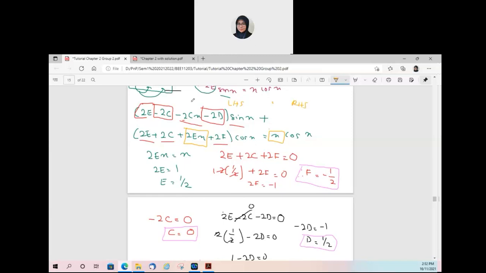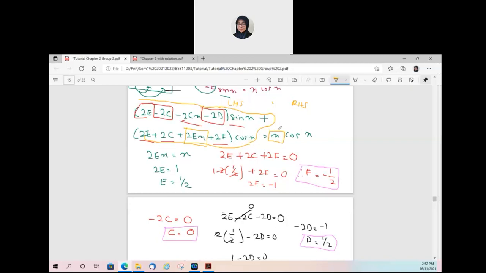Okay. So, yang ini sebelah kiri, yang ni sebelah kanan. So, kita comparekan sebelah kanan dan sebelah kiri. Ni cos kan? Ini pun cos kan? So ini cos.